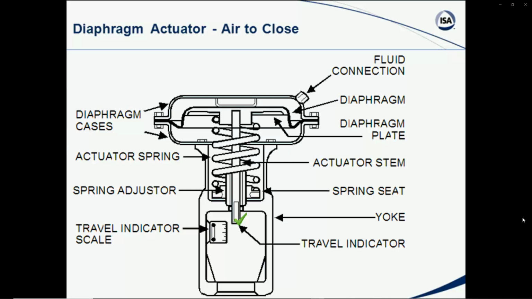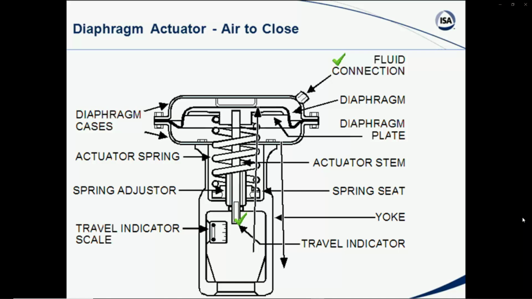As you apply more air pressure above the diaphragm, the direction of movement of the actuator will be in a downward motion, taking the plug into the seat ring, or giving you an air to close, fail open. If you remove all the air pressure, you will get a movement back vertical upward, which would be a fail open air to close valve, sometimes called direct acting or air to extend.